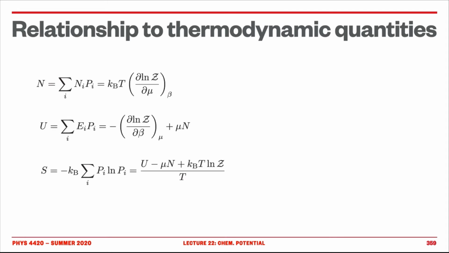Now it turns out that, just the same way as we did in the lecture on the partition function, we can do the same thing for the grand partition function and find various properties.